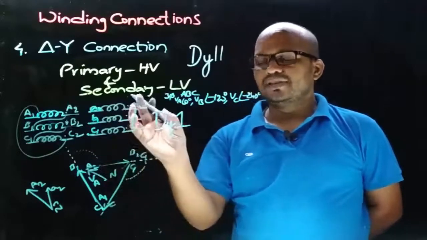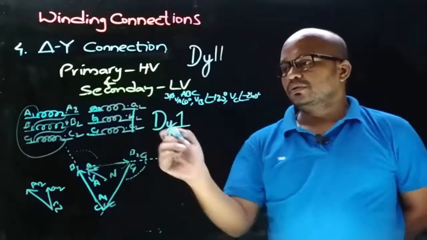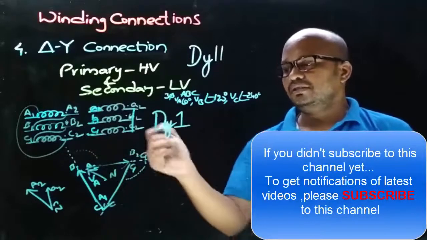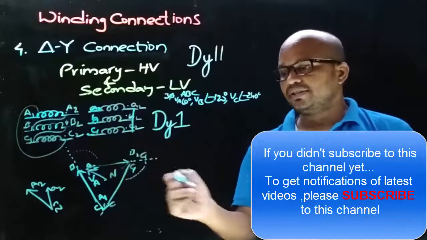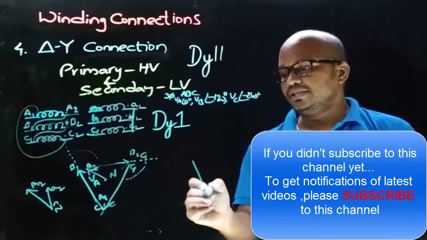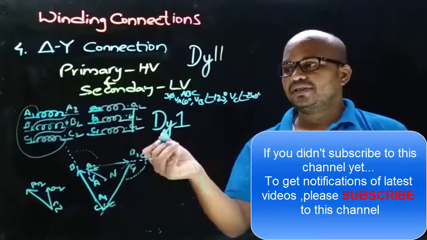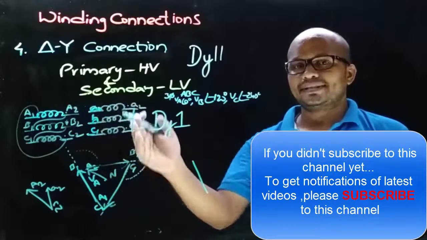And now let's draw the phasor diagram for the LV winding connection. The secondary side phasors are drawn parallel to the primary side phasors. So let's draw the secondary side VA phasor parallel to the primary side VA phasor, like this. Now let's decide the direction of the secondary side VA phasor, which depends on the connections we took on the primary side and secondary side.